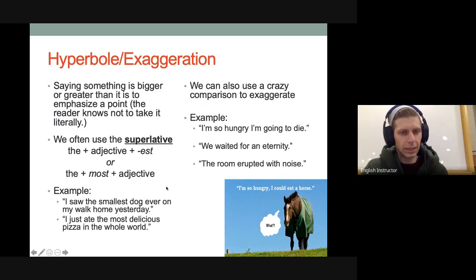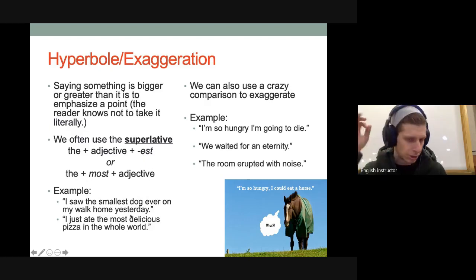And I say most because we very often or almost always use the superlative when we're trying to use hyperbole. So we would use an adjective that ends in est, like the smallest, or the largest, the biggest, the loudest. And then, of course, for the superlative, if it's not one of those that takes the est ending, we also just make it the most something.